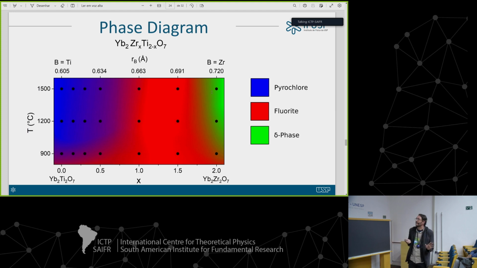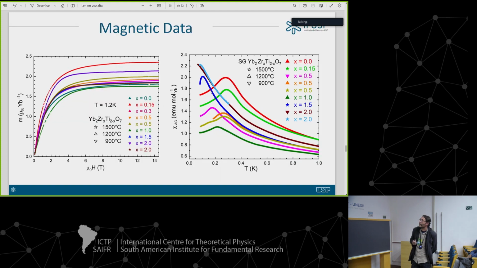It's not a clear scenario. Now to the magnetic data. Here I'm showing the magnetization as a function of field in the paramagnetic region at 1.2 Kelvin. You can see that there is a variation of the saturation moment. This might be related to some small change in the anisotropy of the samples depending on the composition.